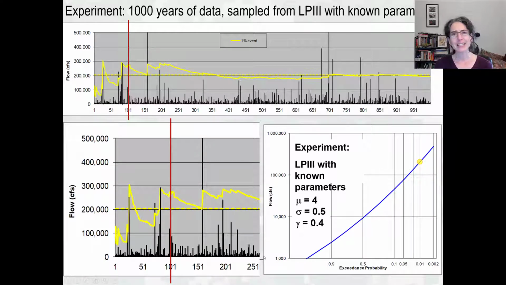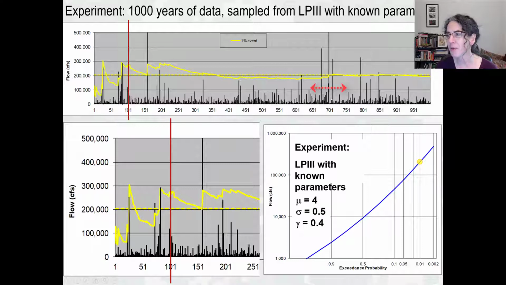So let's say this is 1,000 years. And instead of considering how things look moving across the 1,000 years, let's consider where we might exist, or when we might exist in this 1,000 years. What if we and our gauge are observing stream flows in this period here, between about 650 and 750?